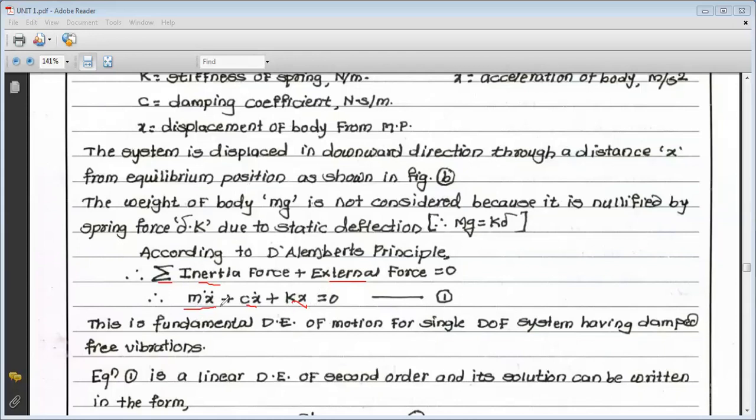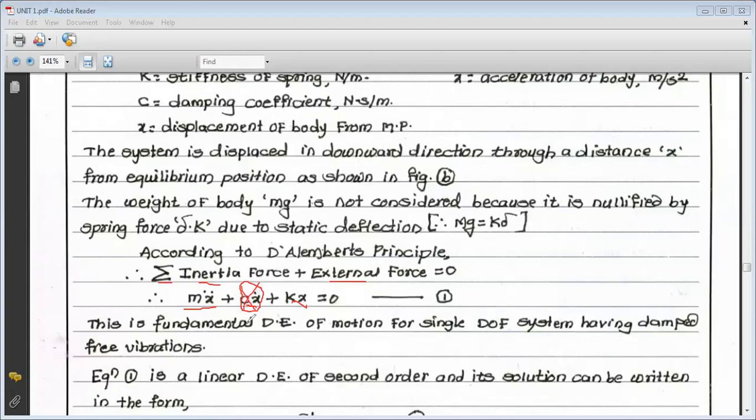So this equation is the fundamental differential equation of motion for a single degree of freedom system having damped free vibration. In case of undamped vibration, this term is not there; the only terms are mx double dot plus kx. But with a damper, we have an additional term, cx dot, the damping force.